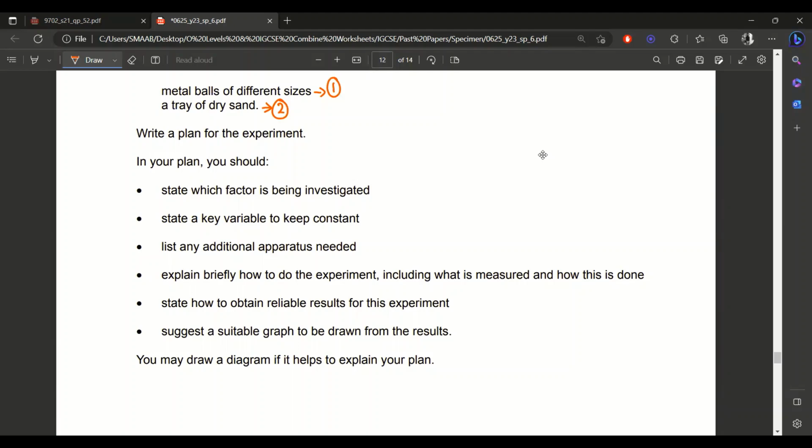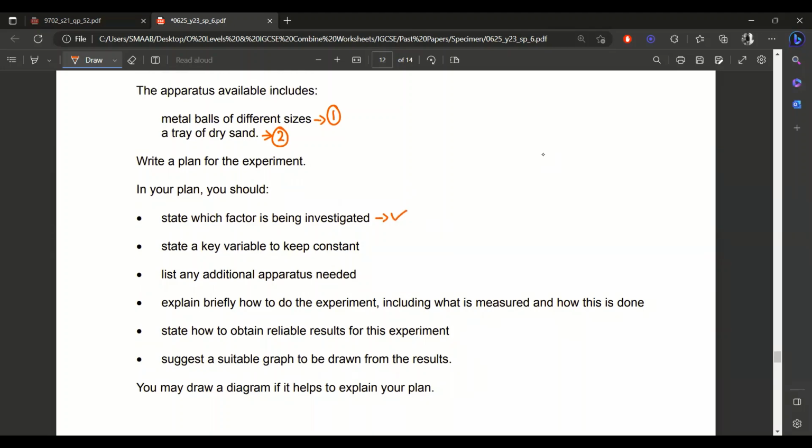First of all, starting from the very first part, we have metal balls of different sizes, right? So first we have to state which factor is being investigated. If we are using metal balls of different size, which factor will change?